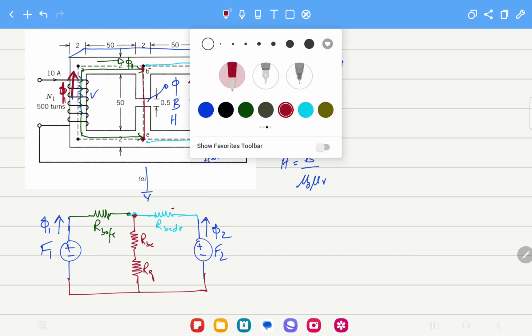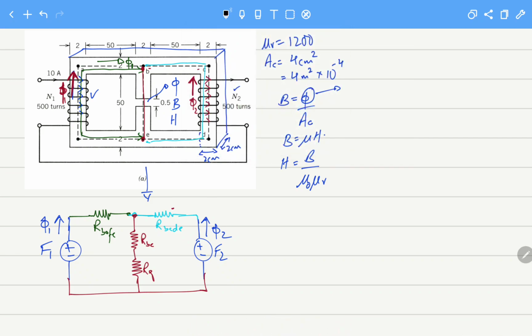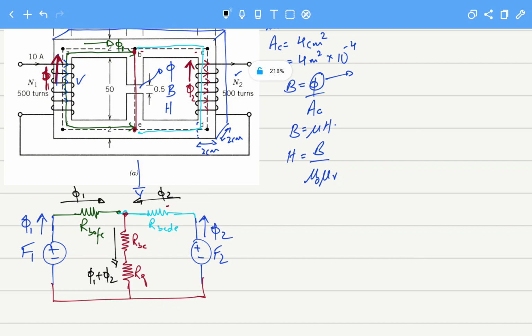Overall we can see that flux 1 will be flowing through this, and flux 2 will be flowing through that. This is a typical electrical circuits problem. And in the center branch, what will be the flux? It will be flux 1 plus flux 2. I hope you have studied your electrical circuits correctly. If you have, then this should not be a problem.